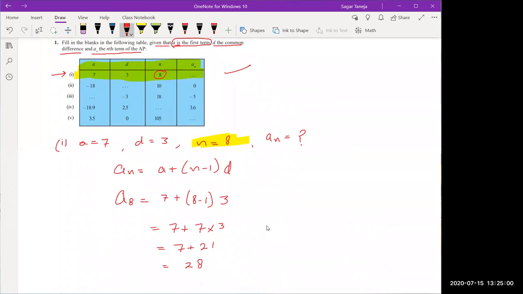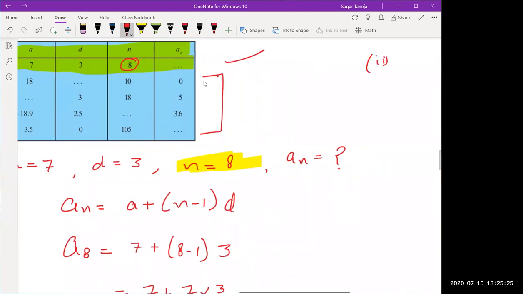I hope this easy part is clear to you. In the same way, we can find any missing values. There are 4 more parts given, 2nd to 5th, and they are asking for different values. Now let us move to part 2 of question number 1.